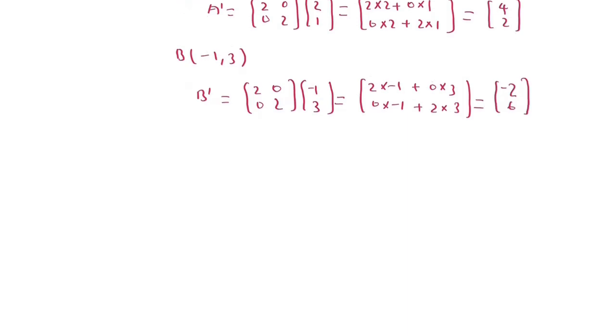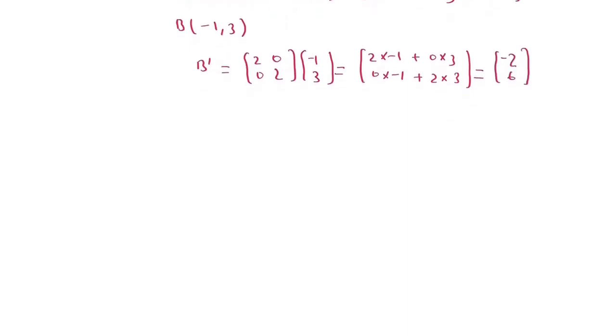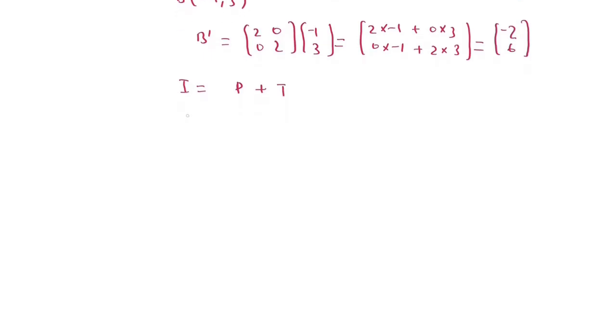Okay, so next let us now translate the image points using the translation factor given. Using the translation relation which says image equals to point plus translation factor. Okay, so we are going to start with point O image with 0, 0.